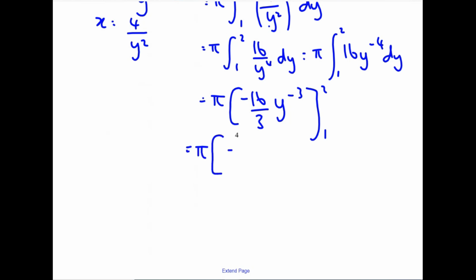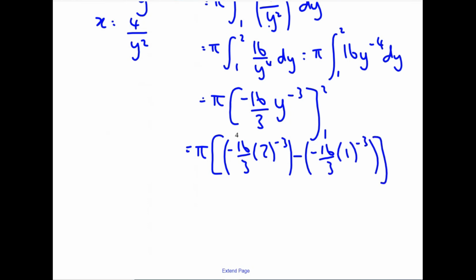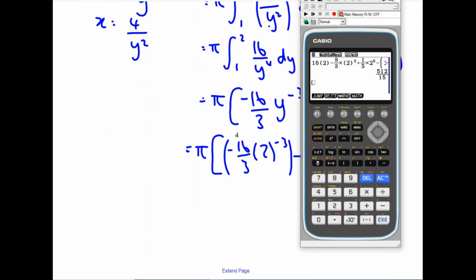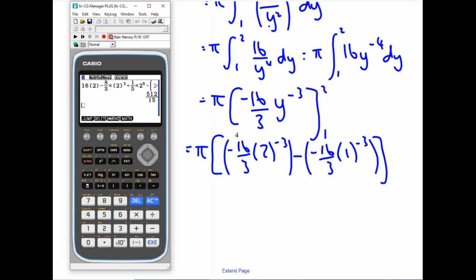Show the substitution, so minus 16 over 3 times 2 to the minus 3, and minus 16 over 3 times 1 to the minus 3. That's enough. You don't need to show the fractions. You can just get down to that stage and type it into your calculator. So I'm going to do it without the pi.